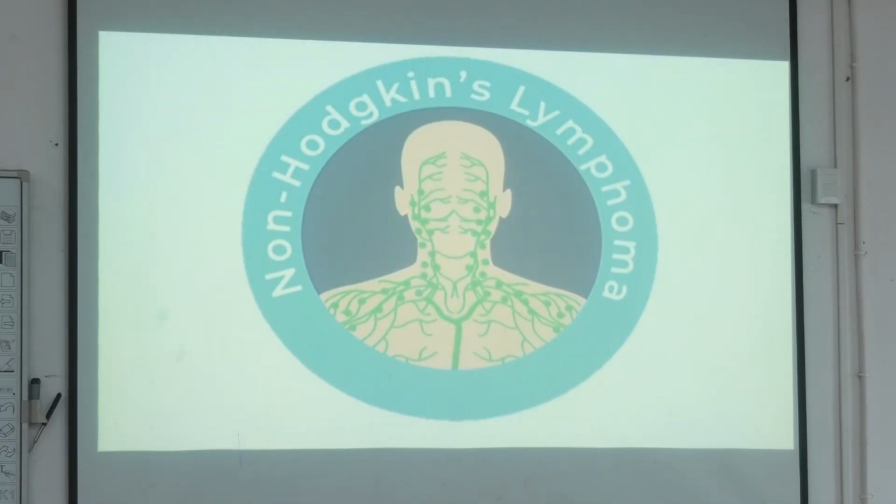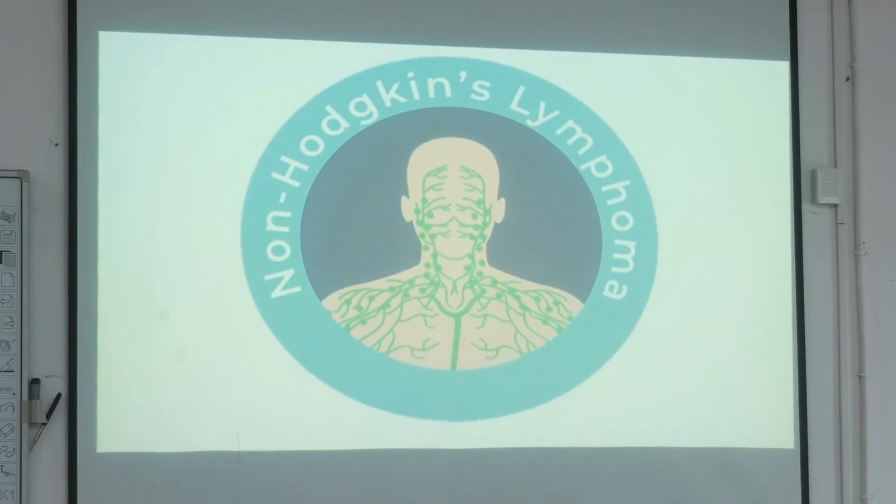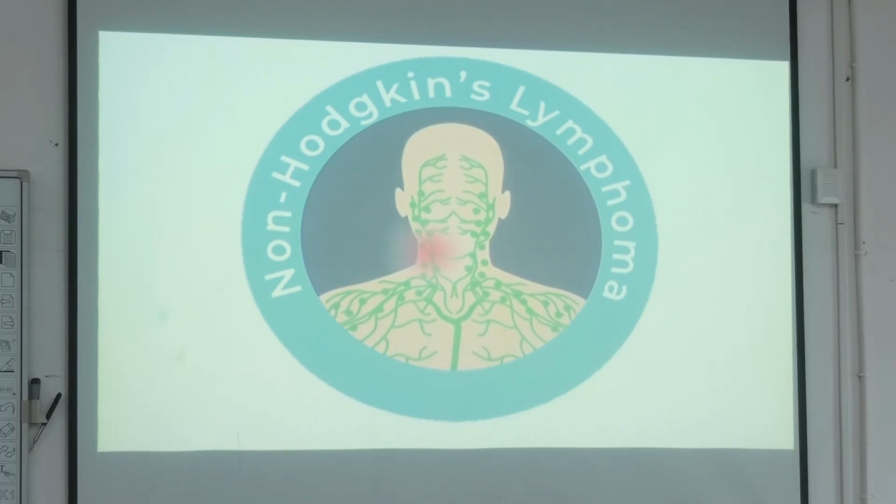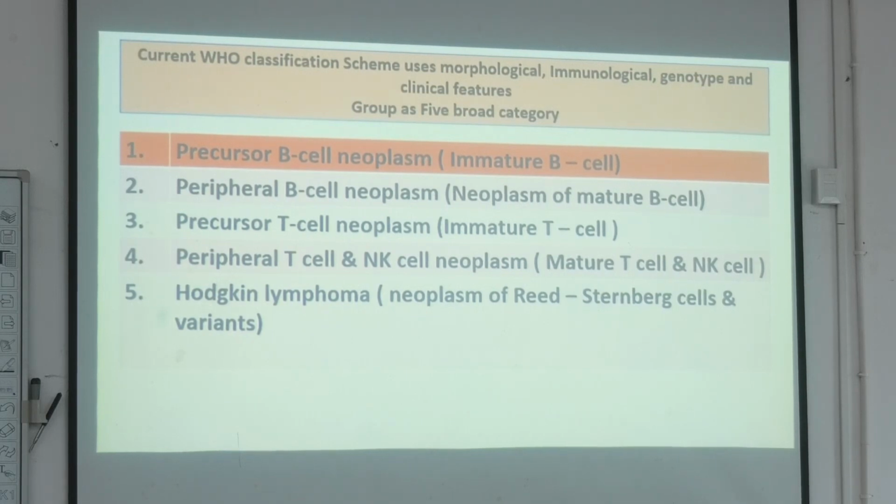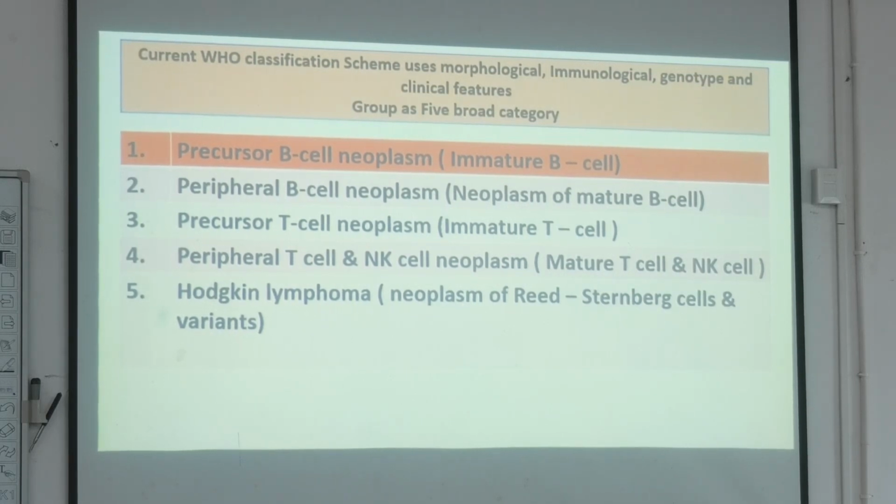Now, non-Hodgkin lymphoma: these are the common things we told up to now, and they are present here also. Currently WHO has broadly classified into immature B cell tumor, mature B cell tumor, immature T cell tumor or lymphoma, and mature T cell lymphoma.